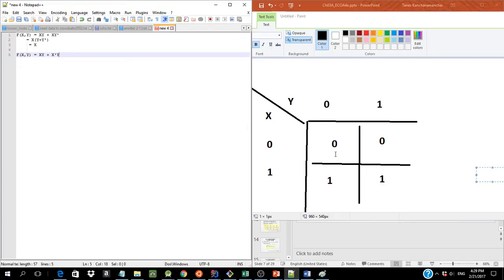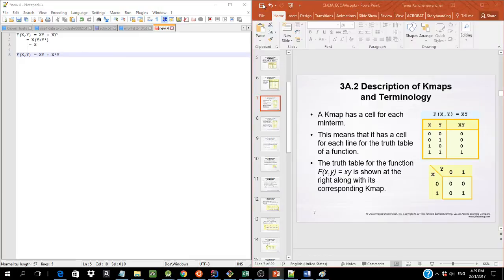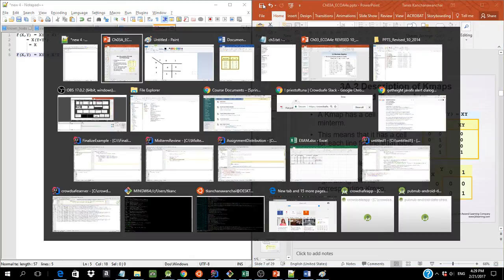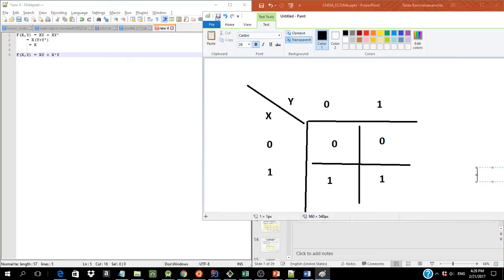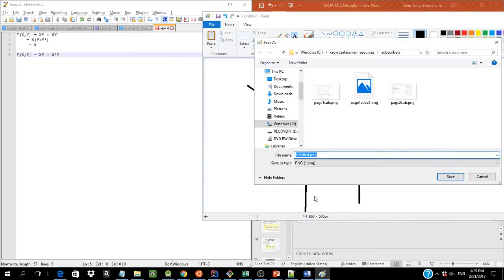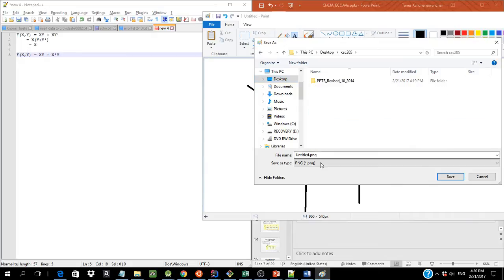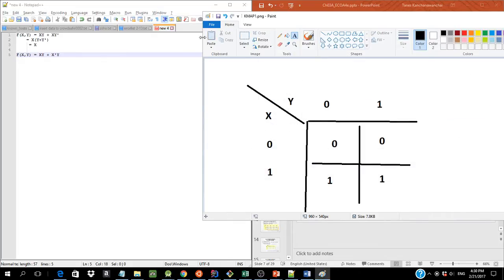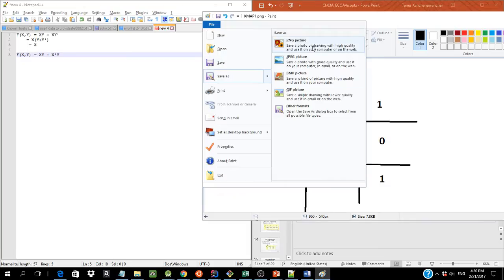Okay, then the kmap. Let me save this so I don't have to redo this. So I'm going to save as and change it to an image.